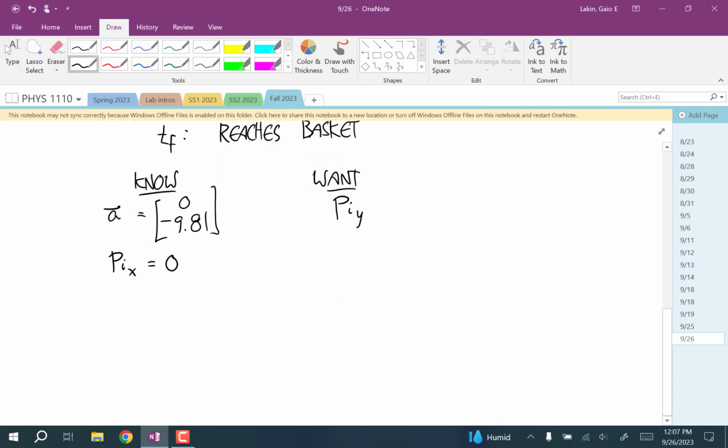P final, like it's more common that you know stuff about P initial and you're trying to find stuff at P final. This is sort of the reverse of that. So P final is equal to the stuff we just calculated, 4.57, 3.05.